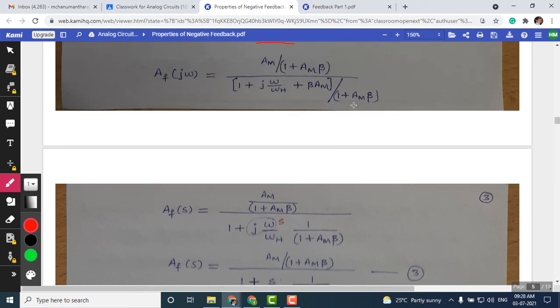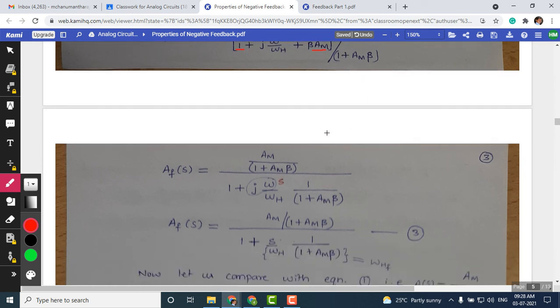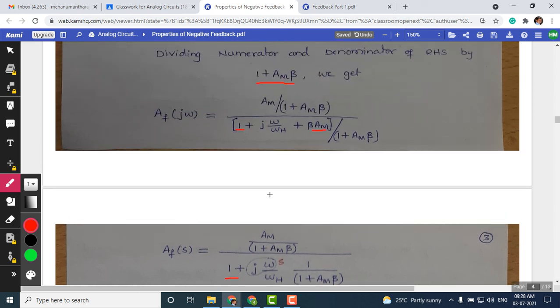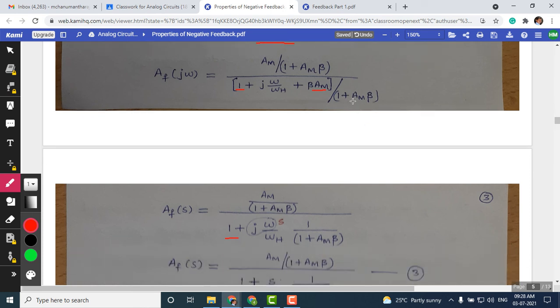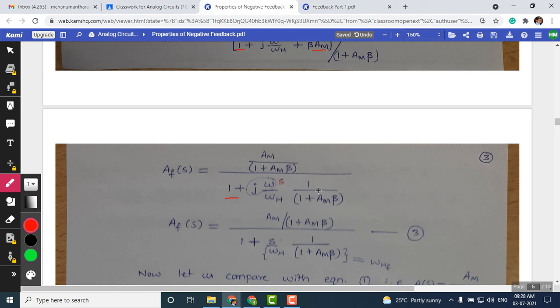Otherwise you can divide by 1 plus AM into beta. If you split this, 1 plus AM beta cancels, you are left with only 1, and this j omega by omega h is now multiplied with 1 by 1 plus AM into beta. That is what you are seeing here.